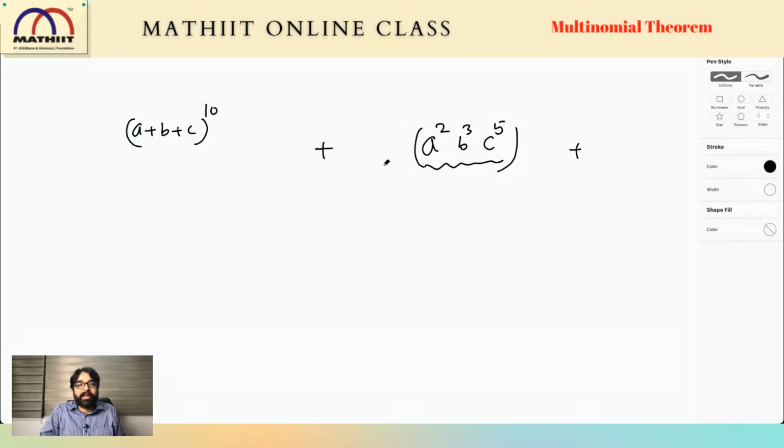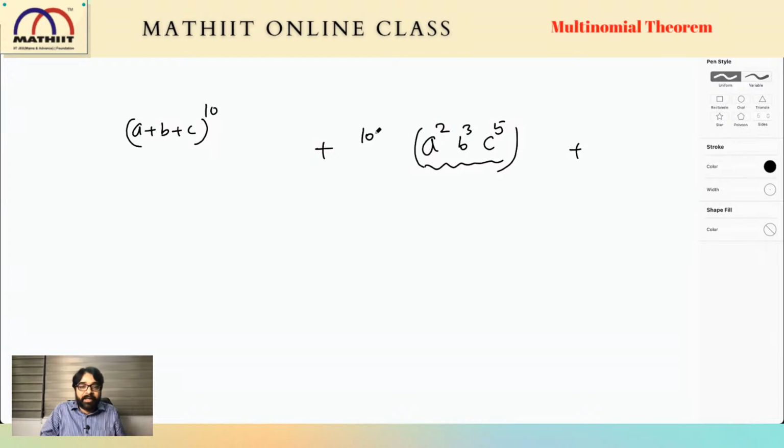Here I want to know what the coefficient is. So think, what is the logic behind it? Coefficient means the way this distribution happens. I want to distribute 10 objects into 3 groups. The size of each group is predefined. One group is getting 2 objects, another group is getting 3 objects, another group is getting 5 objects.